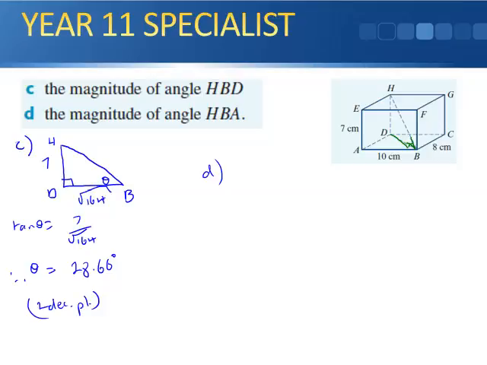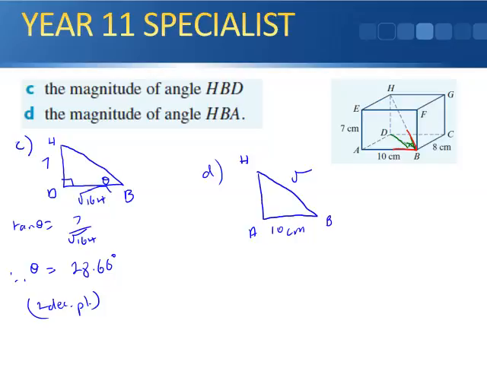And D, the magnitude of the angle HBA. So HBA, H, B, and A. Okay, so I'm going to draw that in. There's my H, there's my B, and there's my A. Now A to B is 10 centimeters, I know that one.